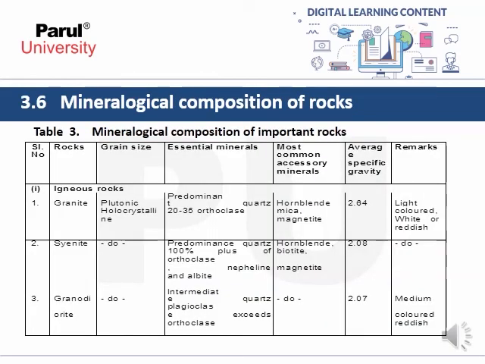The mineral composition of the important rocks is given, first the igneous rocks. The examples are granite, syenite and granodiorite. Then the grain size has been given: plutonic, holocrystalline. The essential minerals have also been given. So granite: quartz; syenite: predominant orthoclase plus albite.